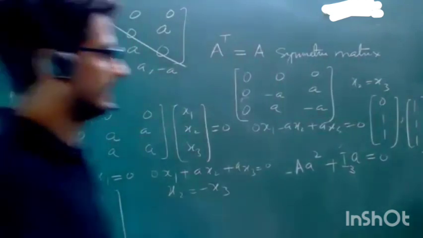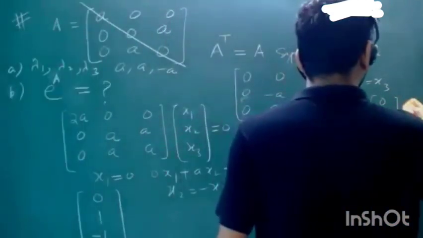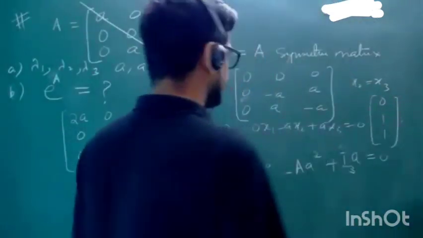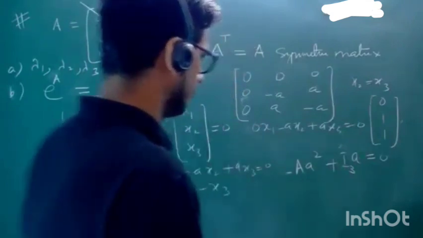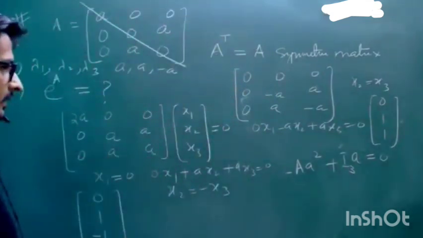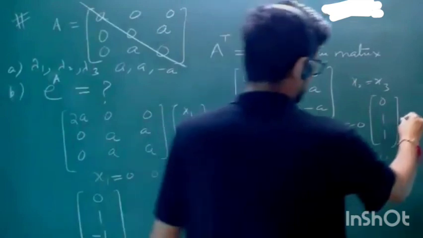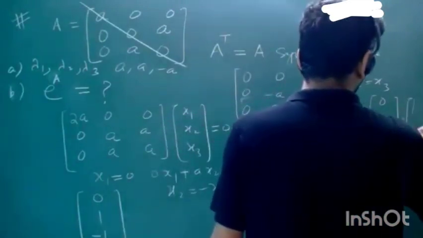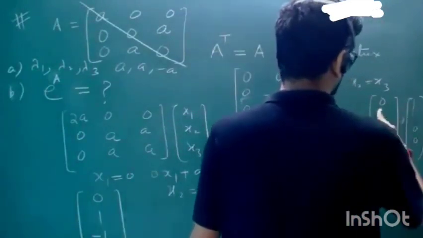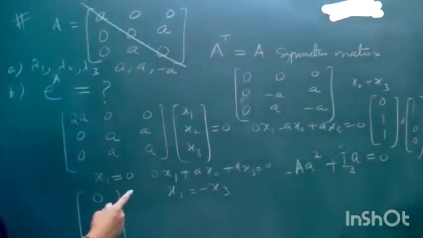So you can take 1 0 0. It should be orthogonal also. With 1 0 0, the product is 0; with this 0 1 the product is 0; and with this 0 0 0. Okay.